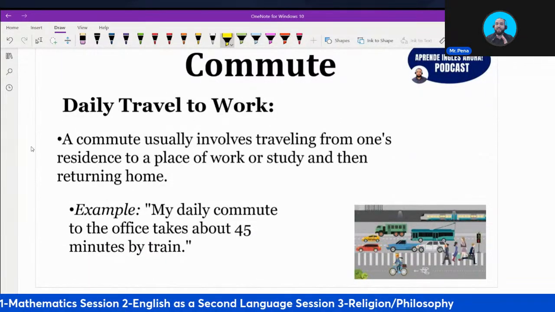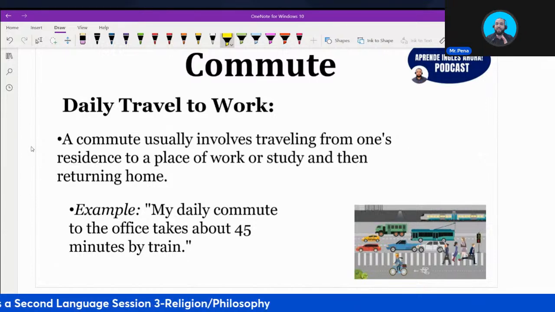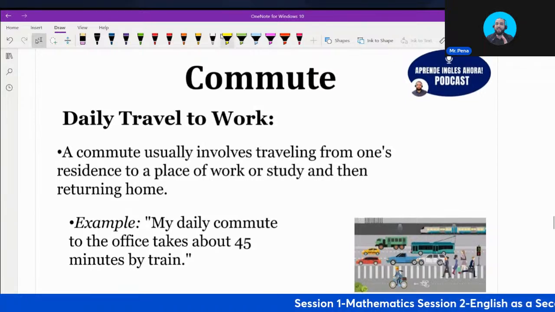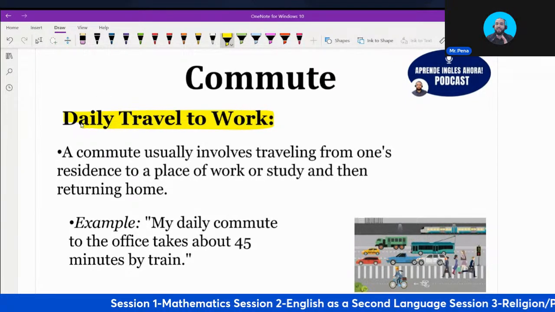Yes, our next word is commute. This is how you say it, commute. Daily travel to work. That's the essential definition.